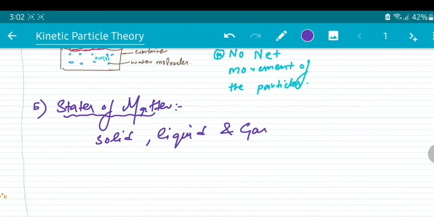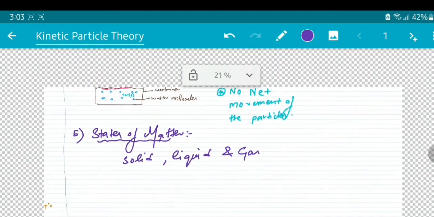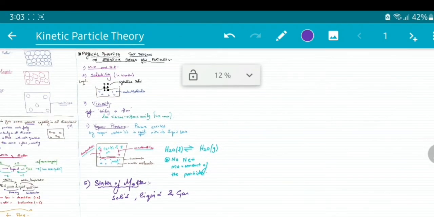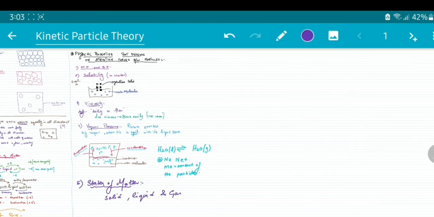For example, solid has strong attractive forces between its particles, while liquid has less, and gas has the least attractive force. So gas creates more pressure, liquid creates lesser pressure, and solid creates the least pressure. So these were the 5 physical properties that depend on attractive forces between particles.